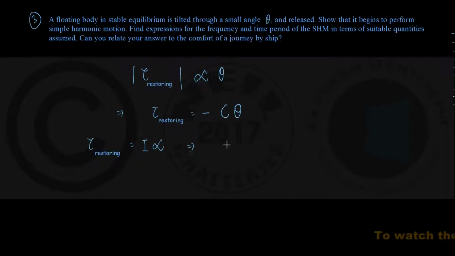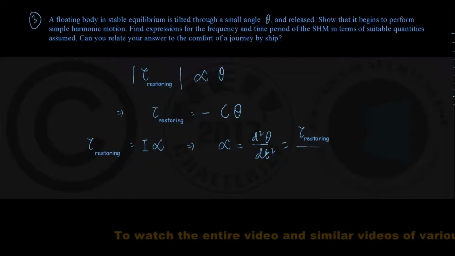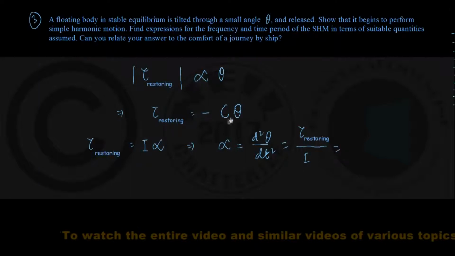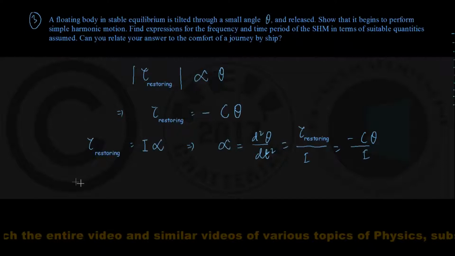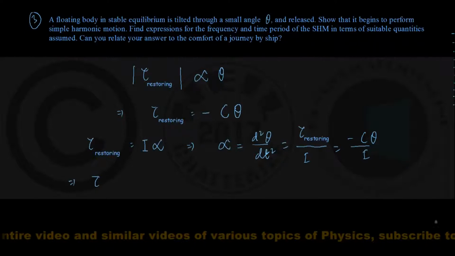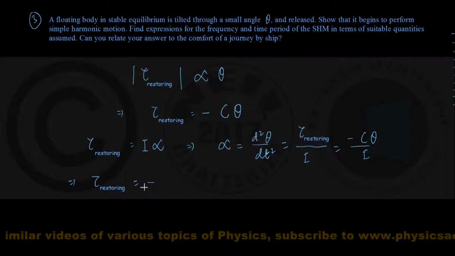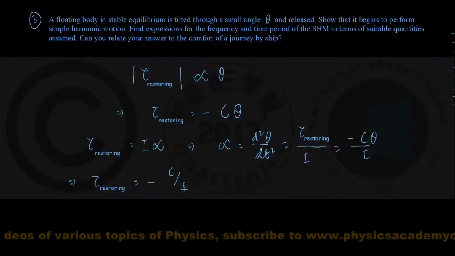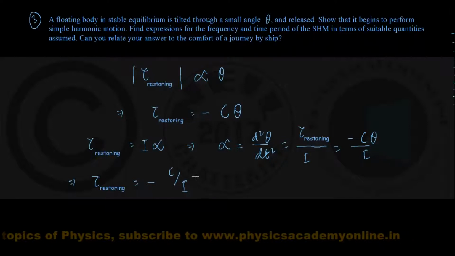Therefore, I could write angular acceleration alpha, which is second derivative of angular position with respect to time, equal to the restoring torque, that is tau restoring symbolically, divided by moment of inertia capital I, and putting value from here, this is minus C into theta divided by I. So we are getting here the restoring torque acting on a body in simple harmonic motion can be expressed to be a minus sign sitting in the front, then a constant, that is the ratio of C and moment of inertia, C was the constant in this first equation, multiplied by the instantaneous angular position.